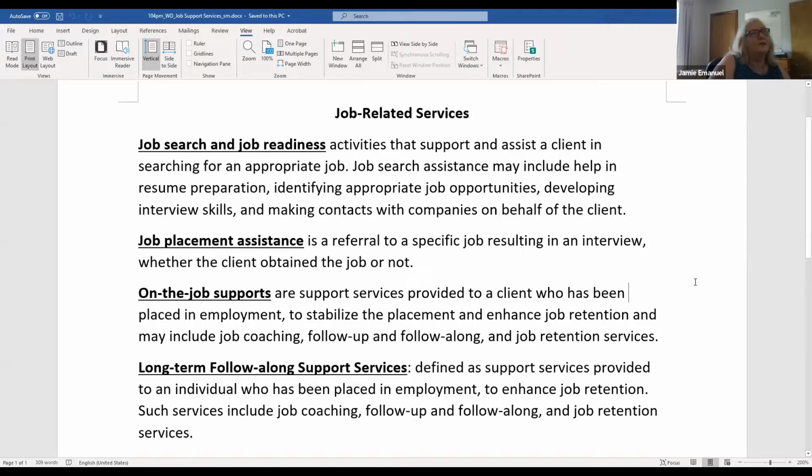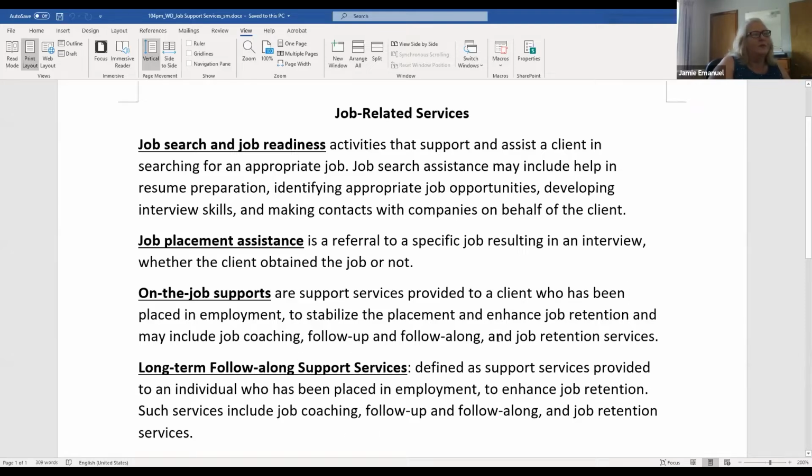It may also be identifying appropriate job opportunities, helping them develop interviewing skills, or maybe even making contacts on behalf of the consumer with the company. We also look at job placement assistance. So this is a referral to a specific job resulting in an interview. Sometimes the client will obtain employment, sometimes they may not, but that's why we can continue job placement assistance.